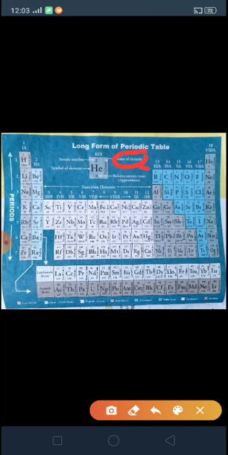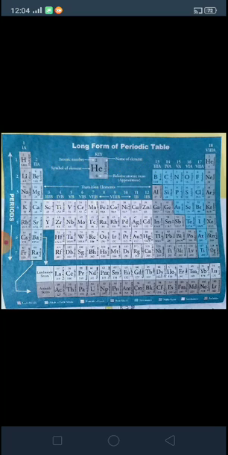Below is the atomic mass, which means the mass of one atom of an element. Then on the left-hand side, the symbol of the element is given, and on the upper side, the atomic number. We will discuss atomic number later.